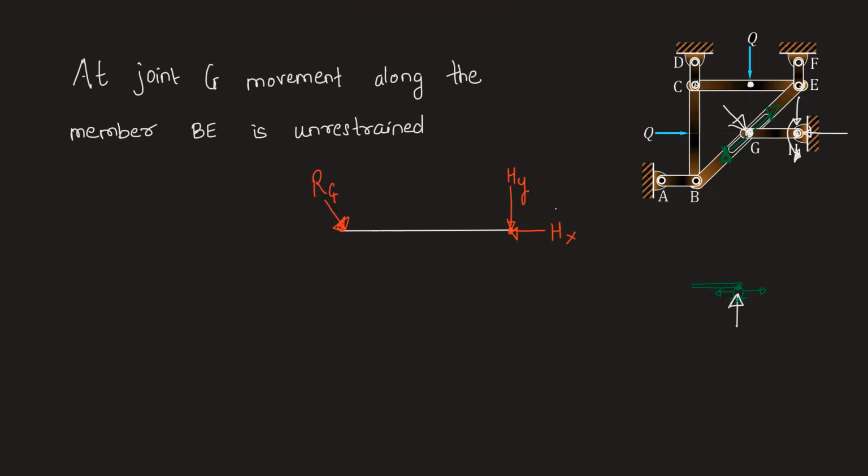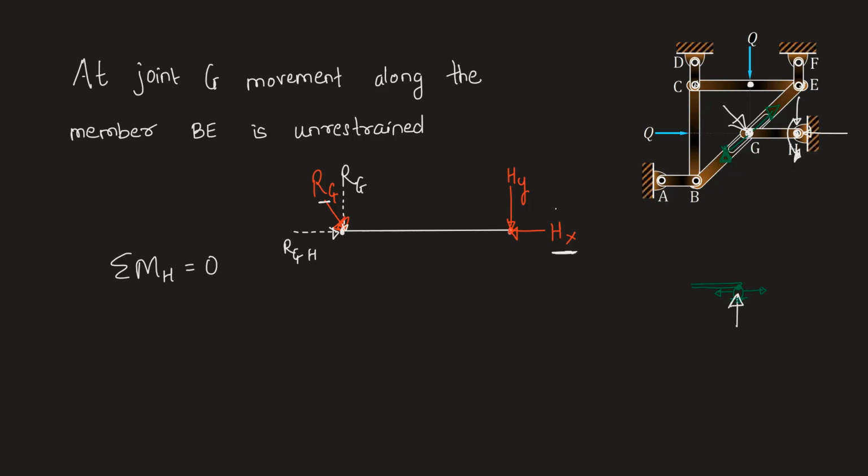Now here, if we apply the equilibrium equation, summation of moment about joint H is 0, as it is free to rotate, the net moment at joint H will be 0. We can clearly see that the only component that will create a moment about H is RG. If we take the horizontal and vertical components of this reaction, the horizontal component of RG, RGH, is going to be resisted by HX, and the vertical component is the only one that creates a moment.